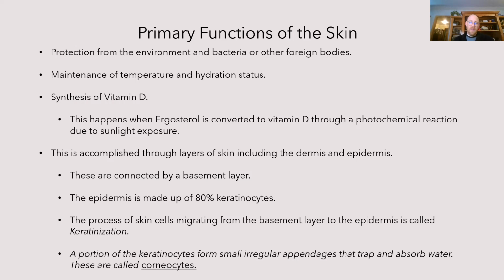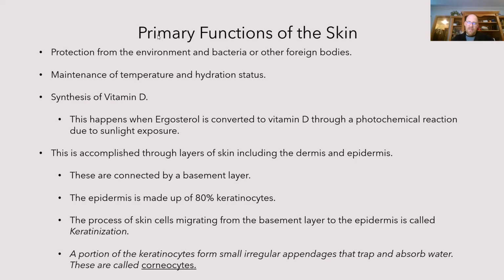You can't see them, but if you've ever looked very closely at your skin, you'll notice that it has tiny skin cells and ridges in it. Those keratinocytes form little tiny appendages. Believe it or not, you have little tiny things hanging all off of your skin. Those things are called corneocytes, and they trap and hold water.